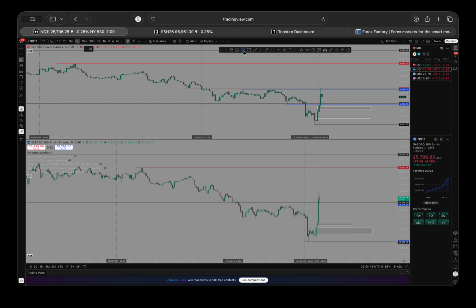Maybe we can do it now. Let's see if it touches down into this space, which is like another way of looking at fair value gap. Then it's a good sign to consider going bullish on this trade and taking the trade.